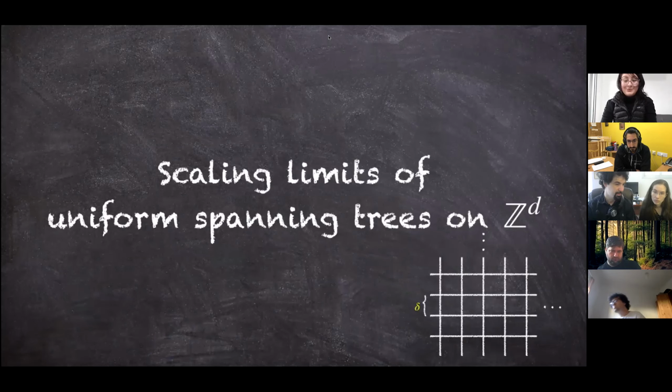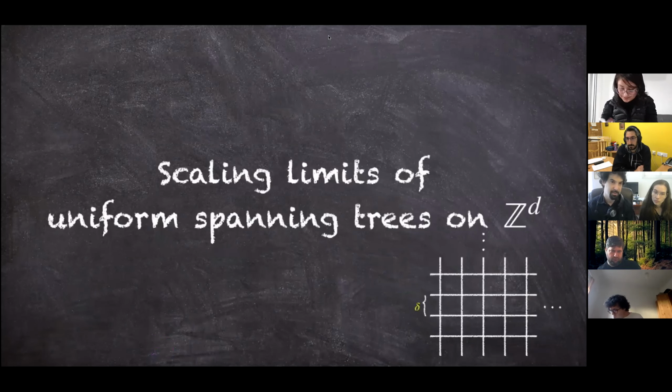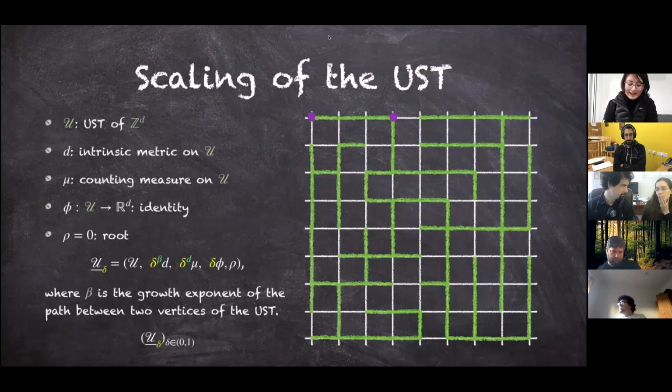And everything is going to be in the context of this space of measure-rooted spatial trees that I have presented. And the idea here is that we want our space between nearest neighbors to be some parameter delta, and delta is going to 0. That's the picture that we have in mind when we talk about scaling limits.